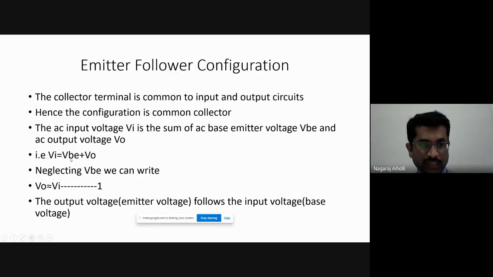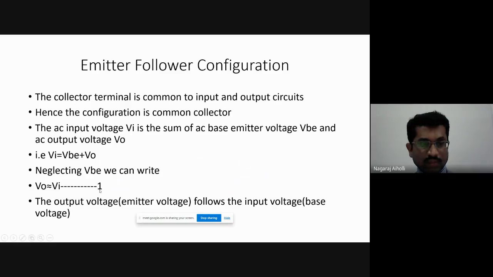Now, VBE is small compared to V naught. VBE, whether 0.7 or 0.3 or 0.2, is comparatively lesser than V naught. Therefore, we are neglecting this VBE. So Vi will be approximately equal to V naught.